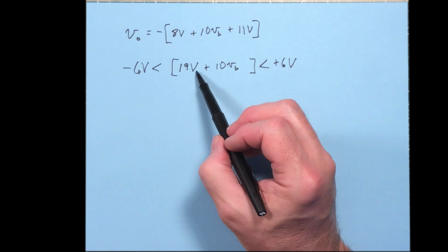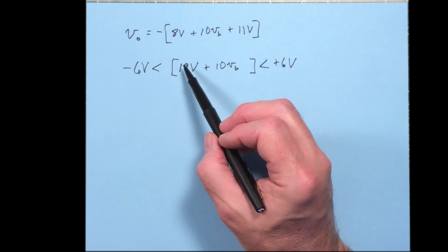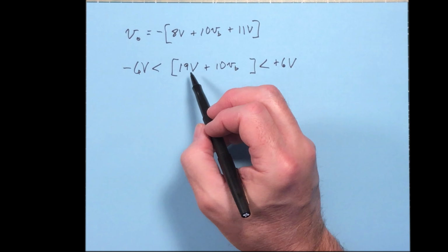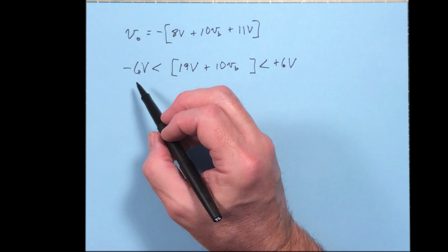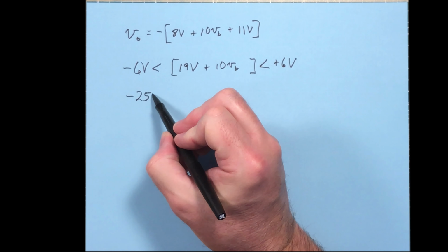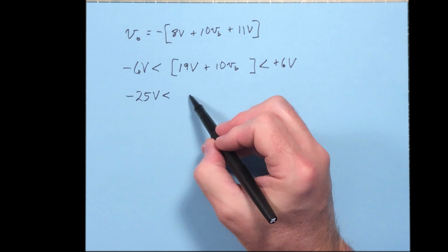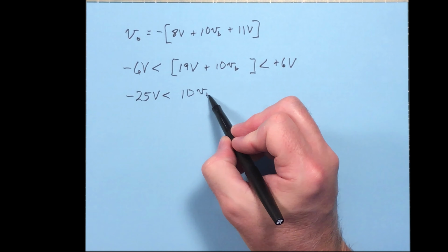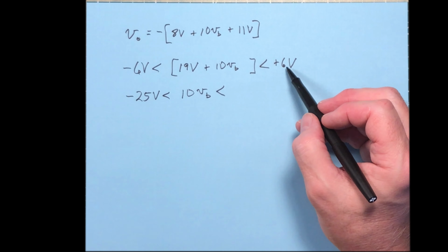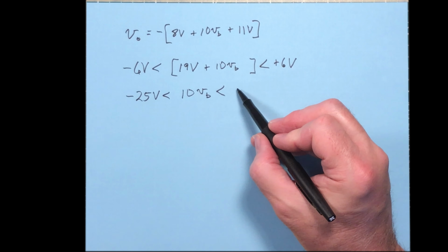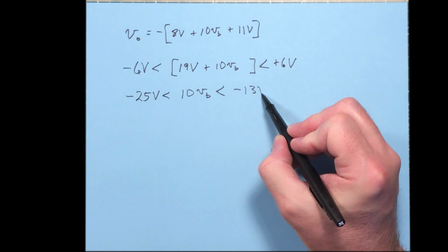Okay, let's get the 19 volts out of there by subtracting from everything. Negative 19 and negative 6 is going to be negative 25 volts. And that leaves 10 V sub B. And 6 minus 19 is negative 13 volts.